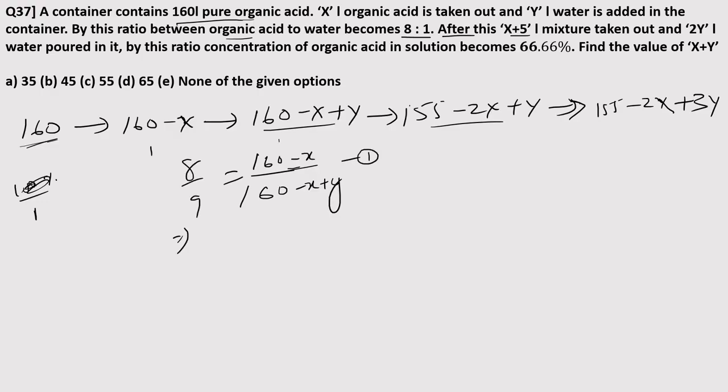By solving this, I'll get x plus 8y equal to 160. Now then from here on, it is 8 by 9, and at this step, final step, I can say this is becoming 8 by 9 of 155.